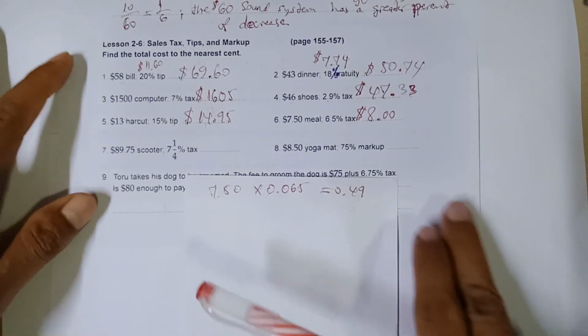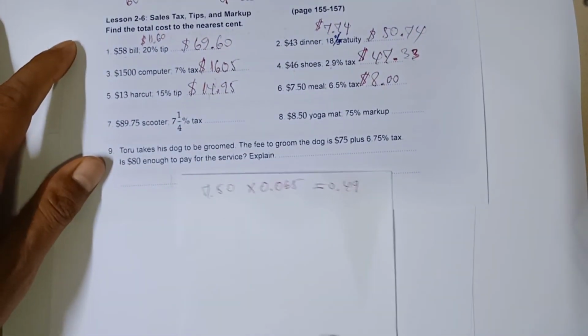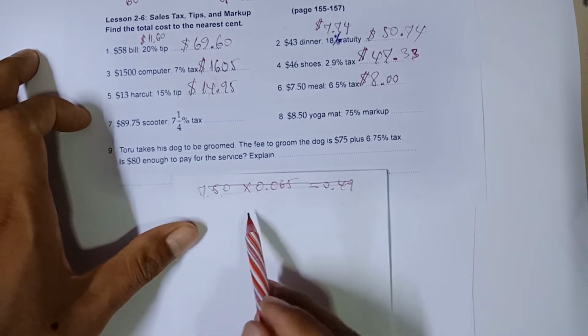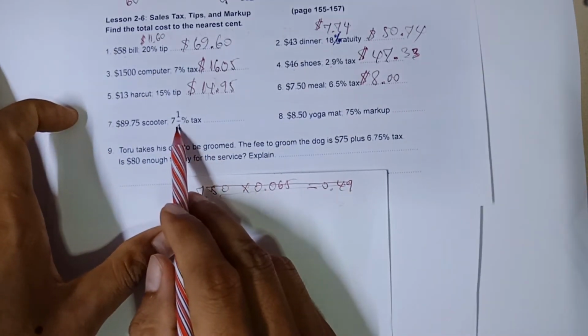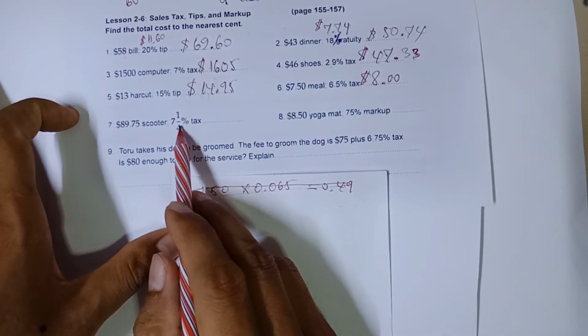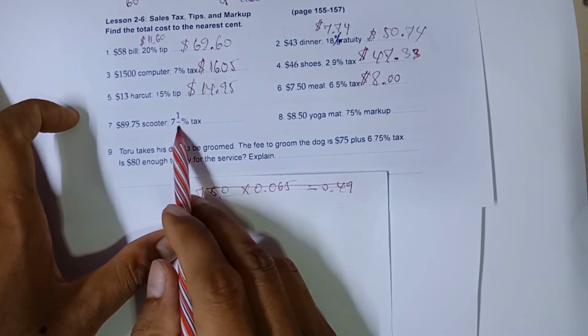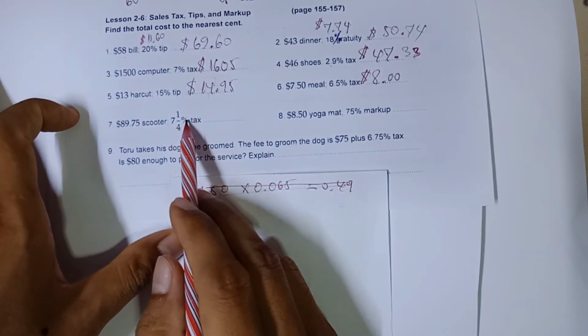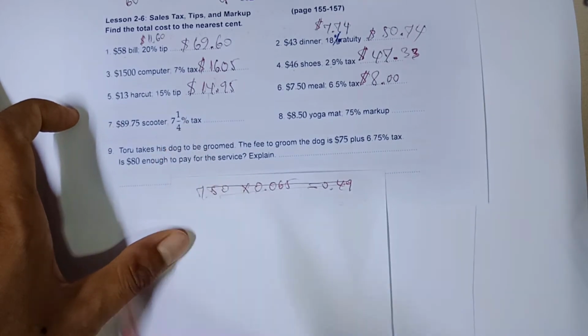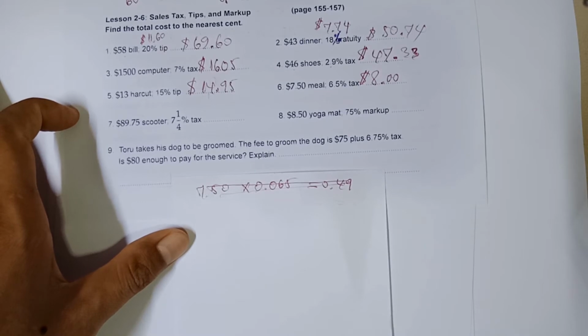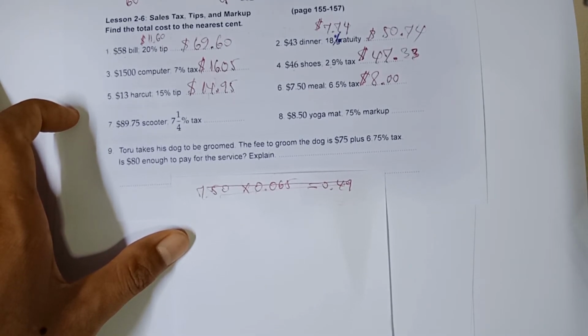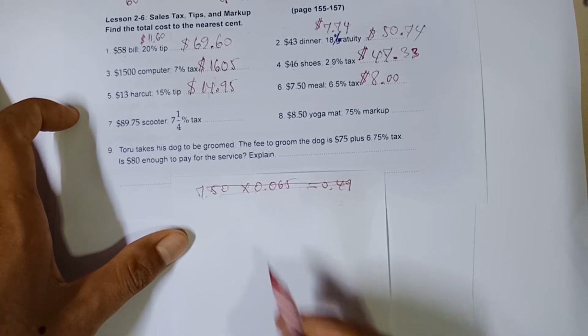Now for number 7. The tax is 7.25%. You have 89.75 multiplied by 0.0725, equal to 6.51.